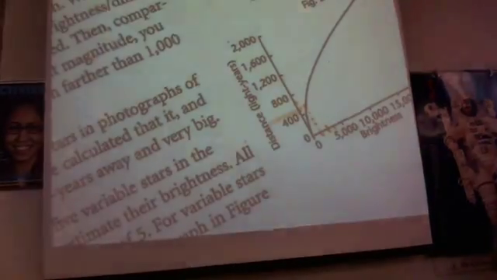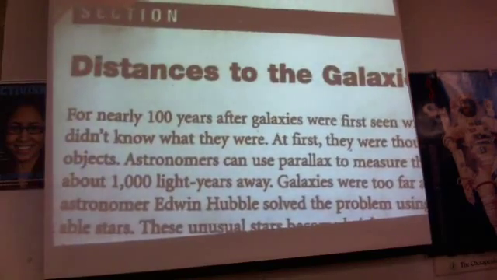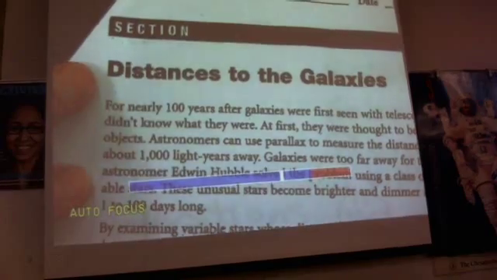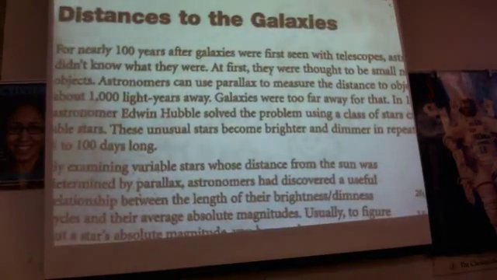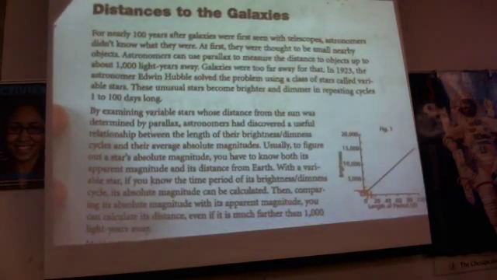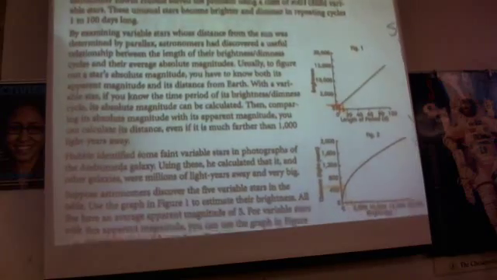The one I want you to go to next is the distance to the galaxies page. I want to go ahead and explain these graphs to you so you understand how to answer the questions correctly. There are two steps to them, figure 1 and figure 2.